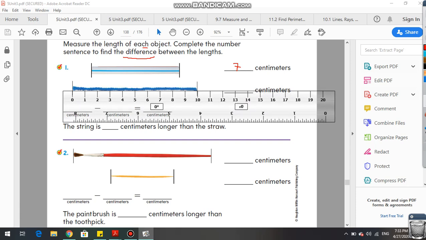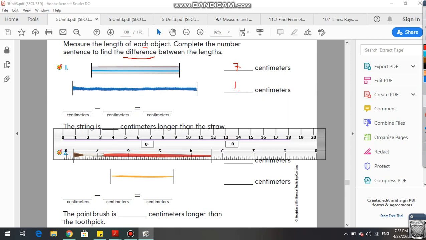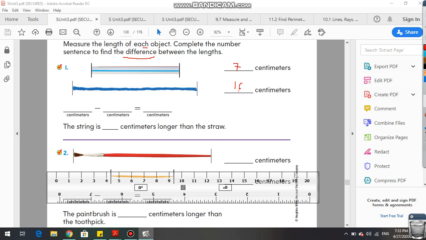And string is 10, so I'm gonna write 10. Let's move it. And if I want to find the difference, it's gonna be 10 minus 7. Guys, don't forget that in subtraction, I have to start with the big number. So 10 minus 7 equals 3. So the string is 3 centimeters longer than the straw.